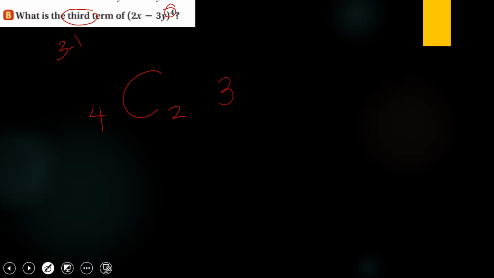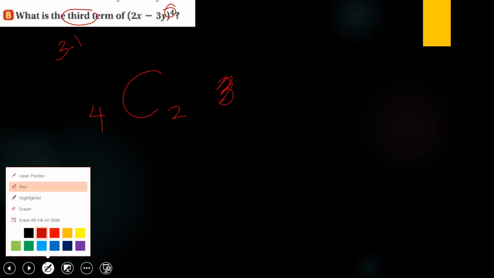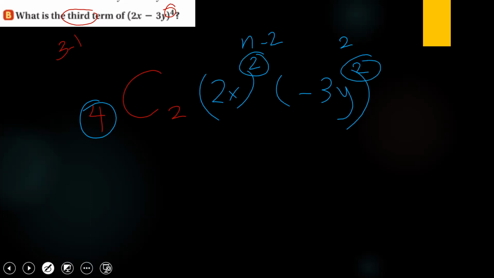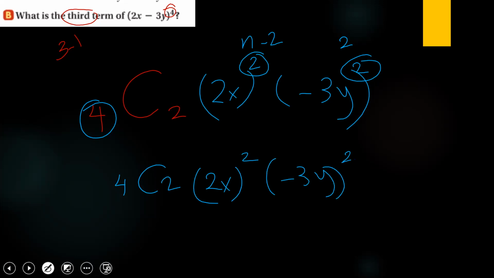Then you write the first term and the second term. For the first term, n minus 2, and for this term, you write 2. Here n is 4, so n minus 2 is 2, and here is 2. So it is the combination of 2 from 4, 2x to the power 2, and negative 3y to the power 2.